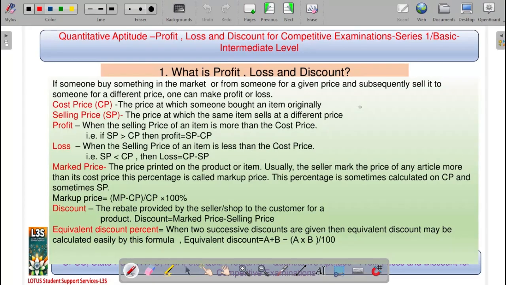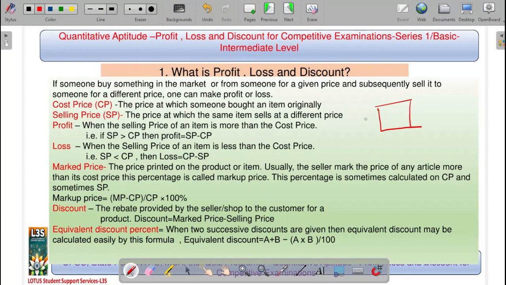When somebody buys something in the market or from someone for a given price and subsequently sells it to someone for a different price, one can make a profit or loss. So there is an item.